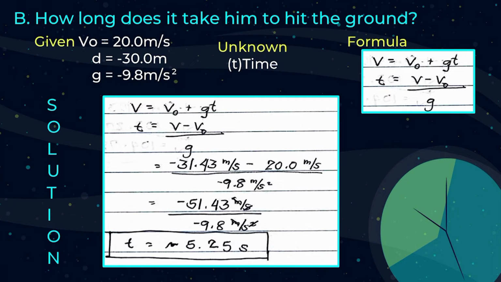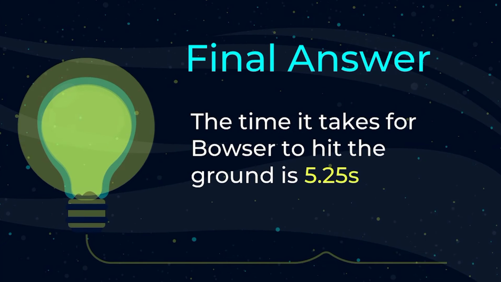Negative 31.43 meters per second minus 20.0 meters per second over negative 9.8 meters per second squared is equal to negative 51.43 meters per second over negative 9.8 meters per second squared. We cancel the meter and the squared, and the final answer is time equals 5.25 seconds.